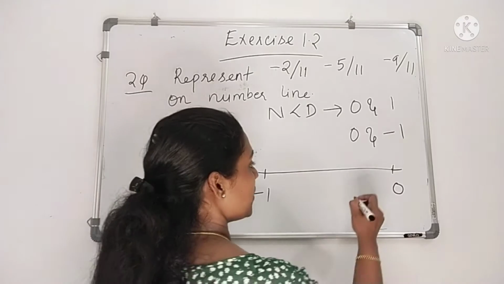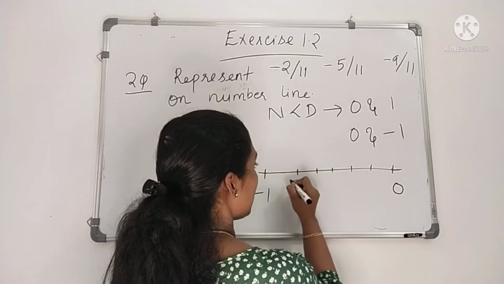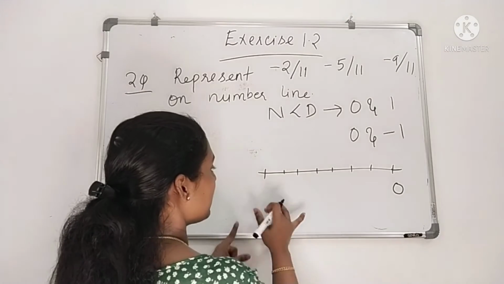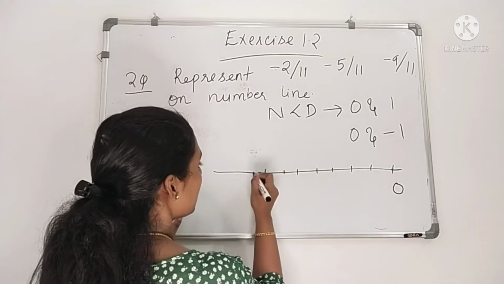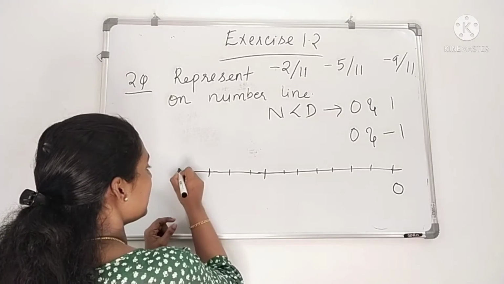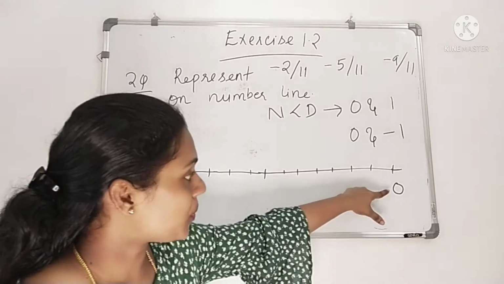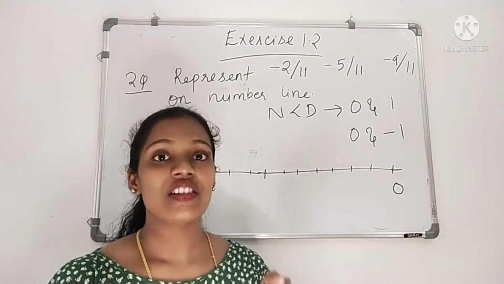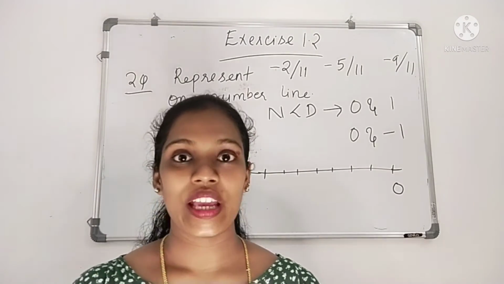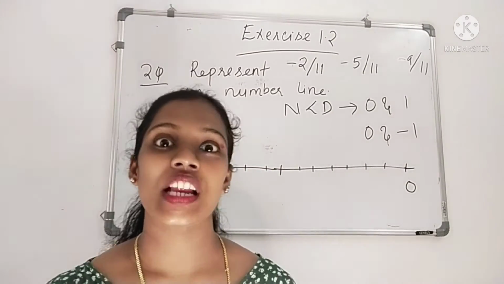So how will I divide? 1, 2, 3, 4, 5, 6, 7, 8, 9, 10 and finally 11. So I will write here minus 1. So between 0 and minus 1 we have 11 equal parts. That is the meaning. So I have divided it into 11 equal parts.